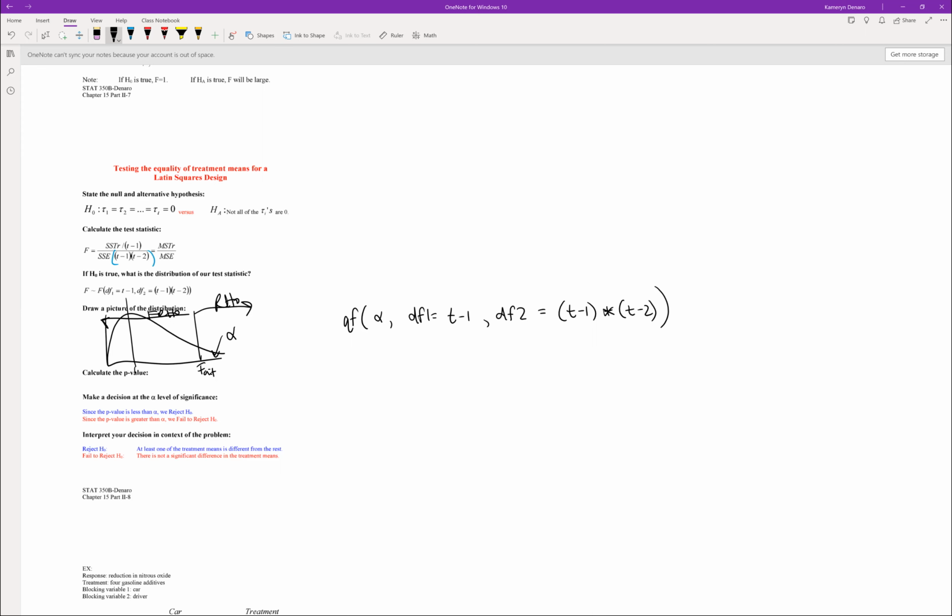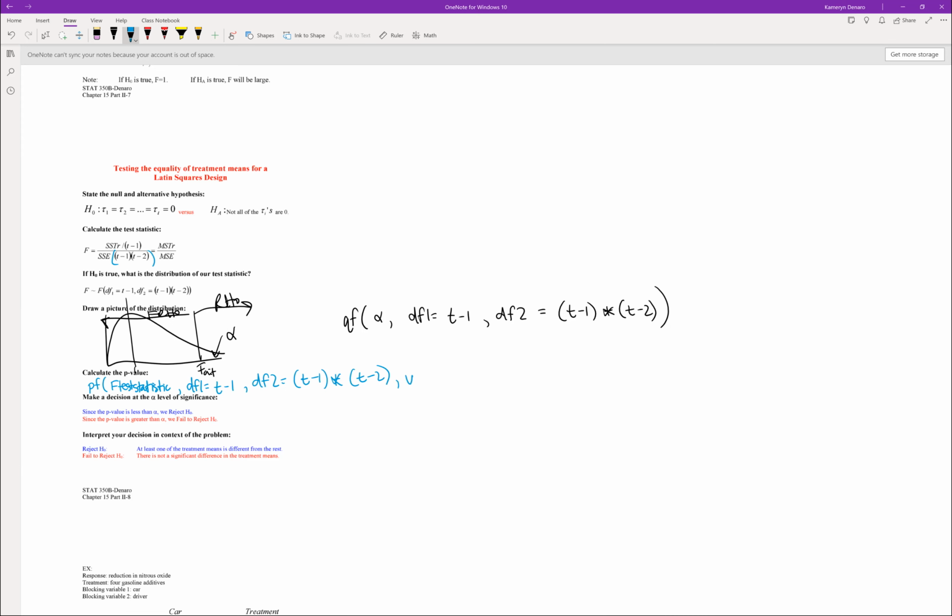To calculate our p-value, however, you're going to calculate your test statistic, and from there, you're going to use pf and put in your test statistic here. Your degrees of freedom 1 is going to equal t minus 1, and your degrees of freedom 2 is going to equal t minus 1 times t minus 2.